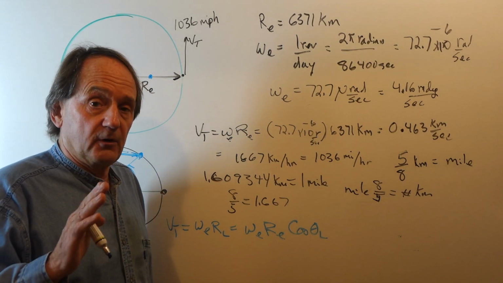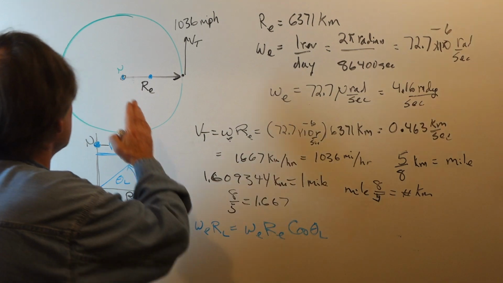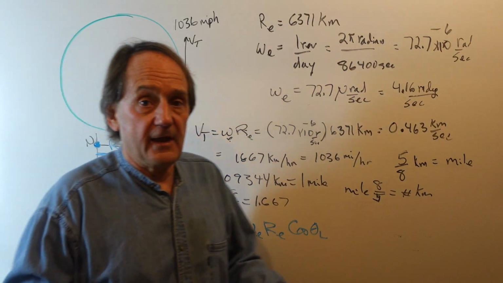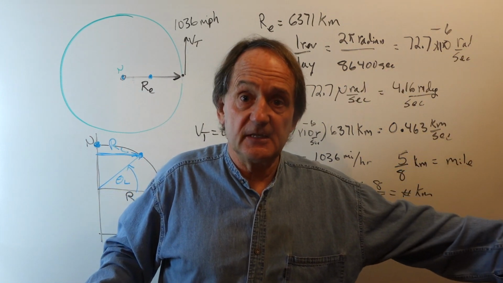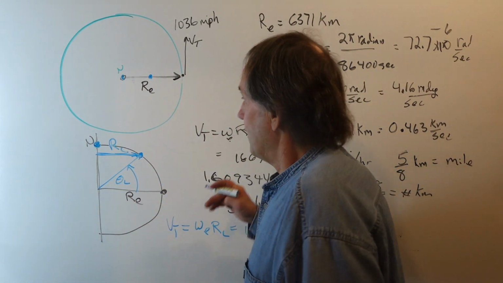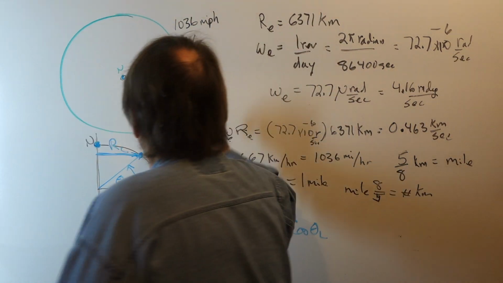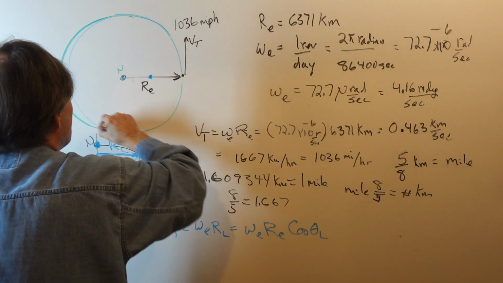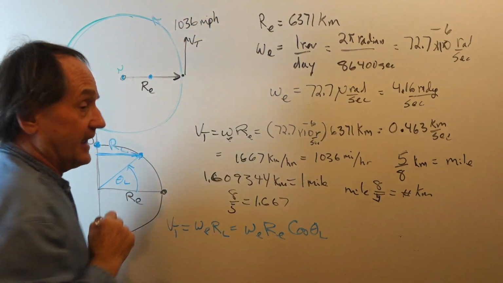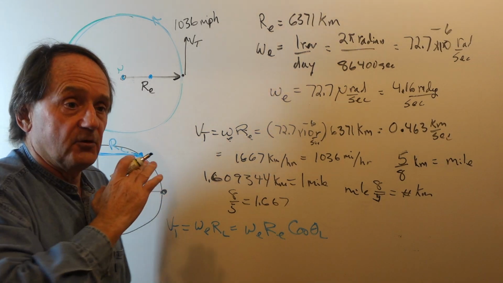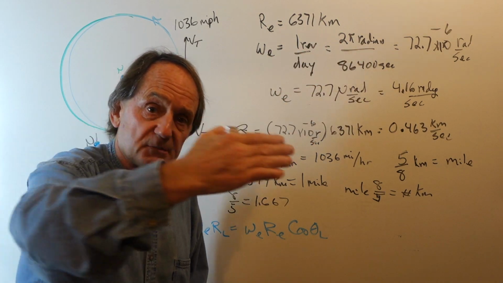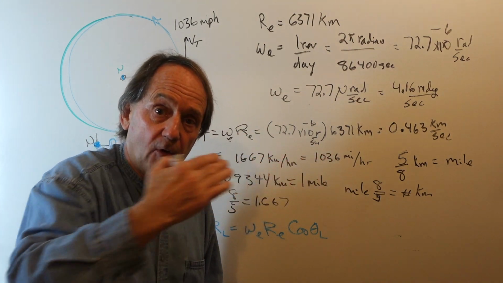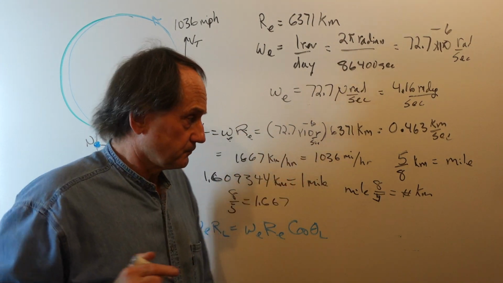This is very important for the Coriolis effect. As you get further away from the center of rotation, your tangential velocity increases for a platform that's rotating at a uniform, constant angular velocity. The further you get away from the center, the higher the speed of your tangential velocity becomes.